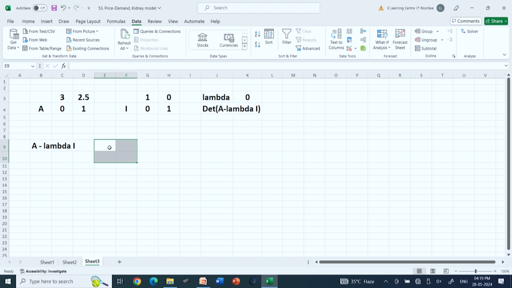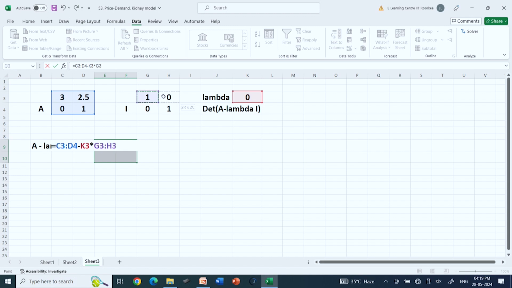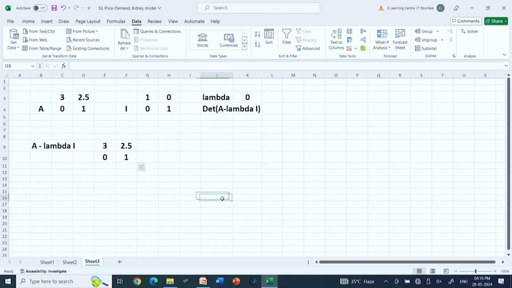So you highlight these 4 cells and put an equal to, and then select this A, minus, put an arbitrary value of lambda which is 0, multiplied by this I. And then you press Control Shift and then Enter, and only then these 4 values will simultaneously come.